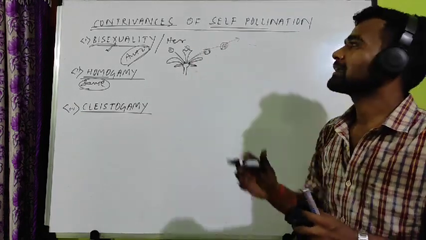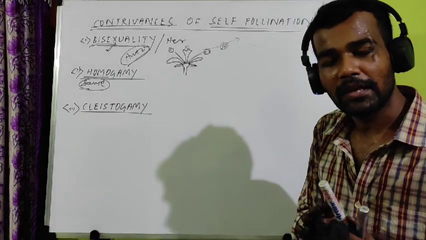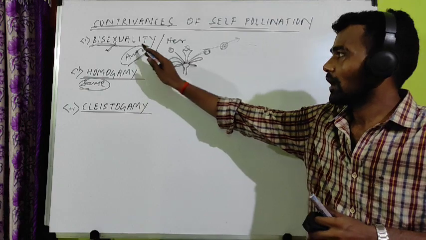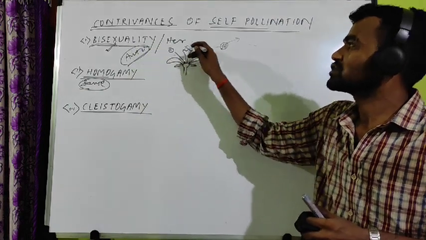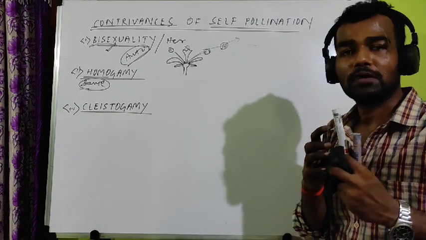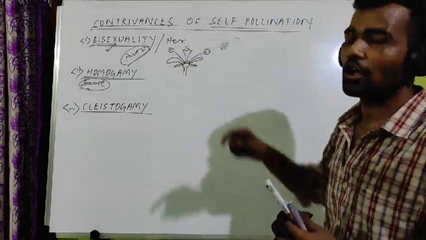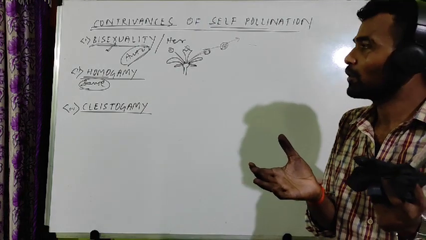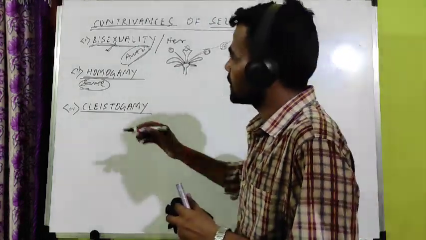So that happens in bisexual flowers. It does not mean bisexual flowers always show autogamy. Sometimes there is a maturation problem. One matures earlier than the other, so it leads to disturbance in self-pollination, and self-pollination cannot occur. That's why the second condition is homogamy.